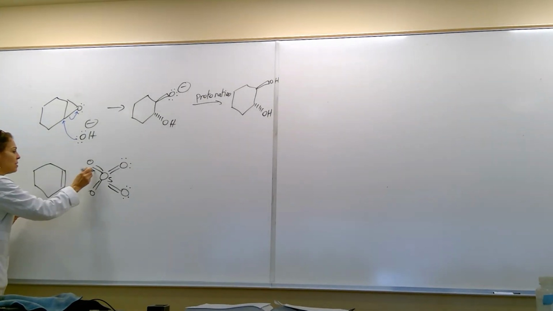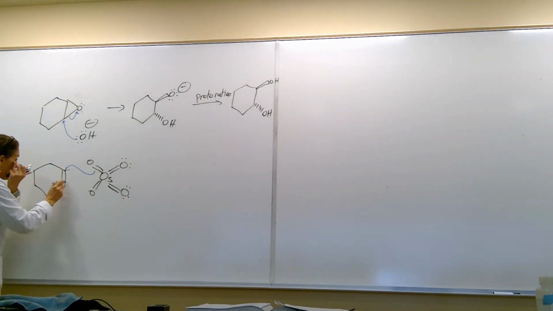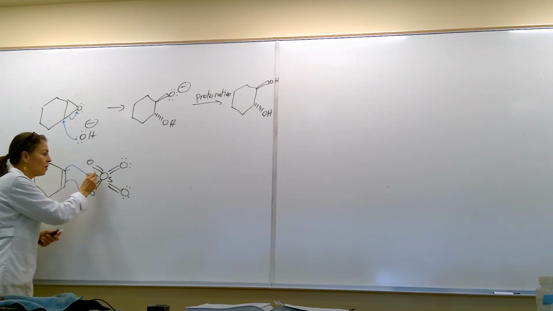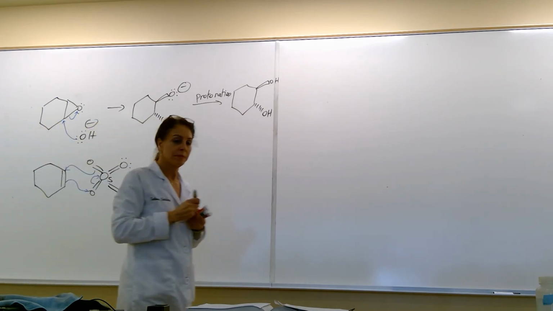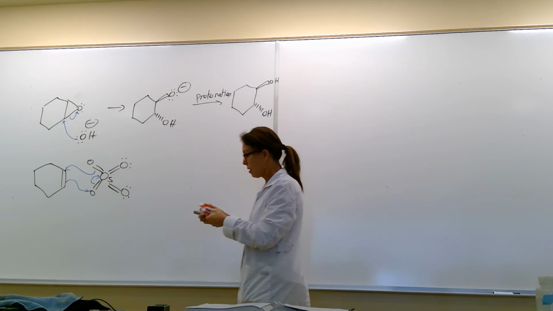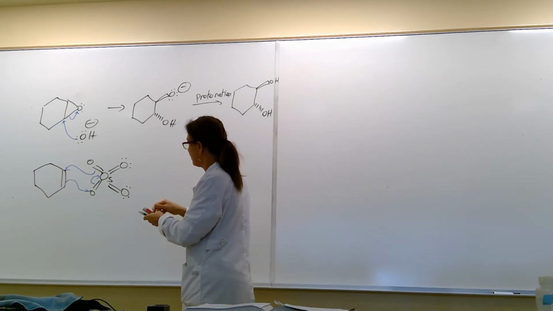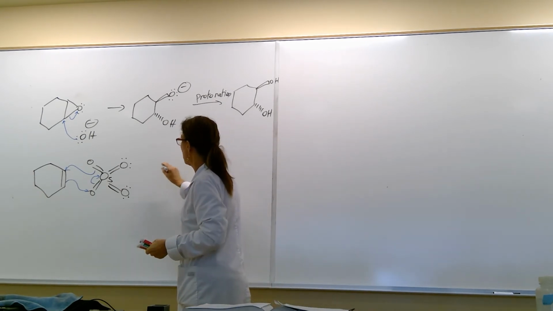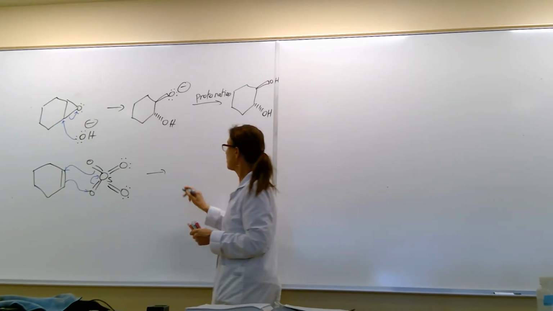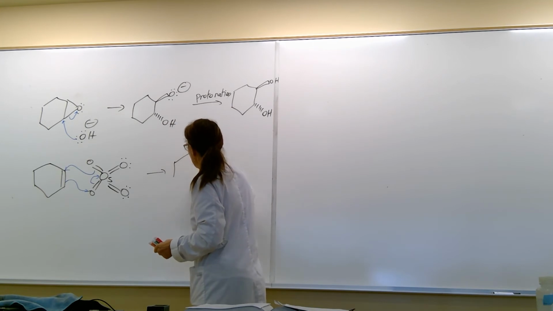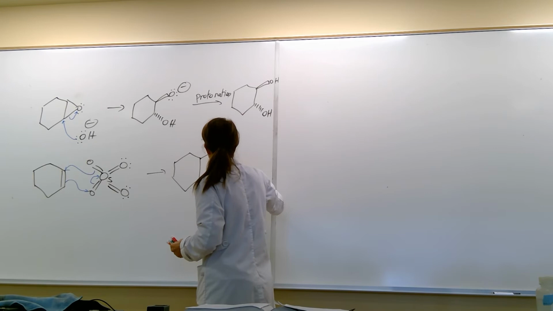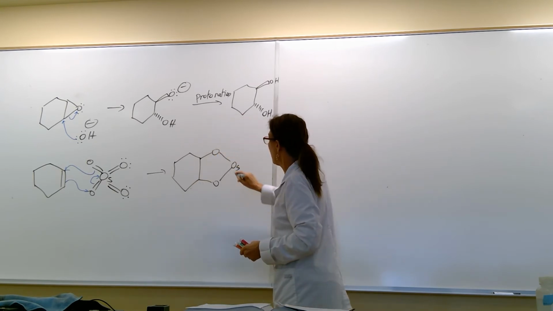So this comes here, this comes here, and this goes on the oxygen. Okay? So we end up with this. It's called a concerted mechanism. They all happen at once. So now there's an O here, an O here, an OS here. Okay?